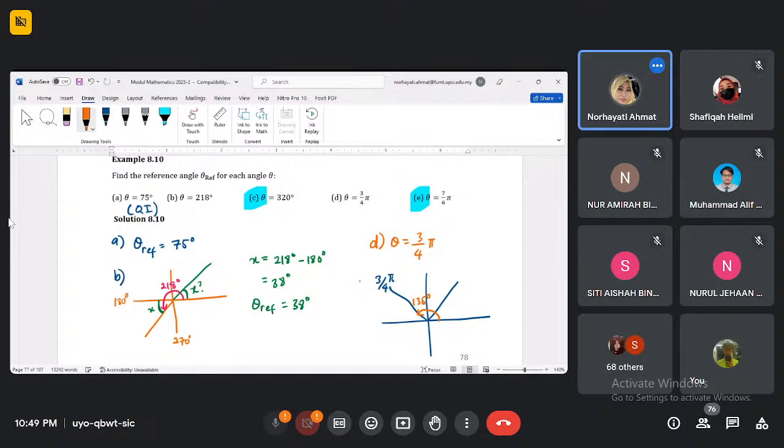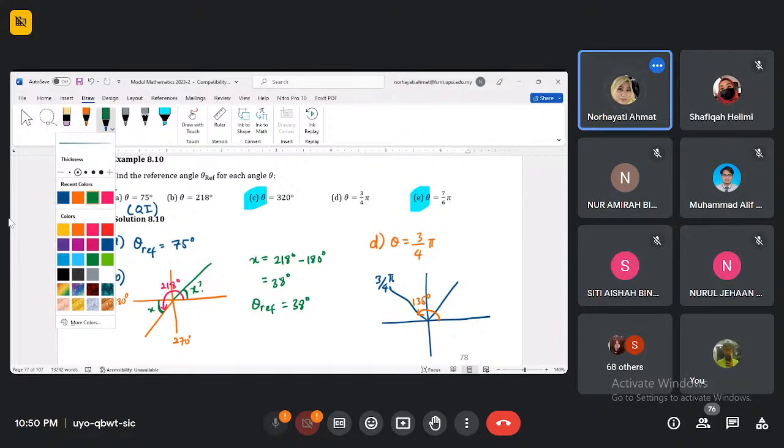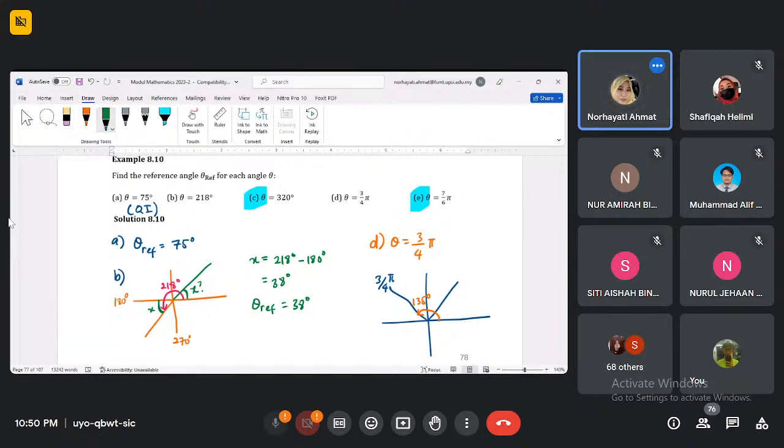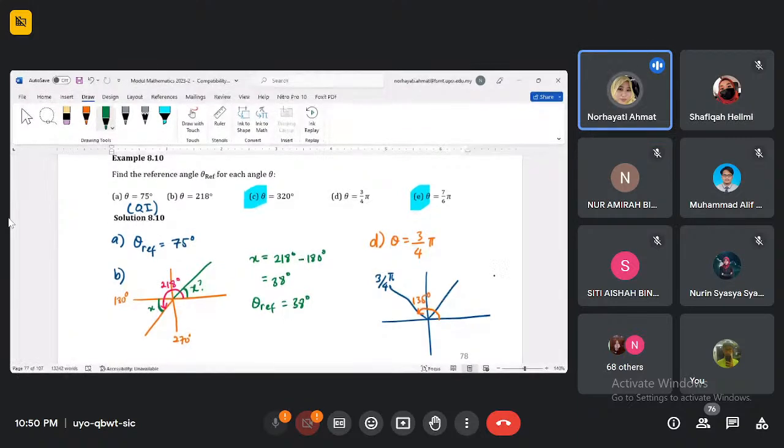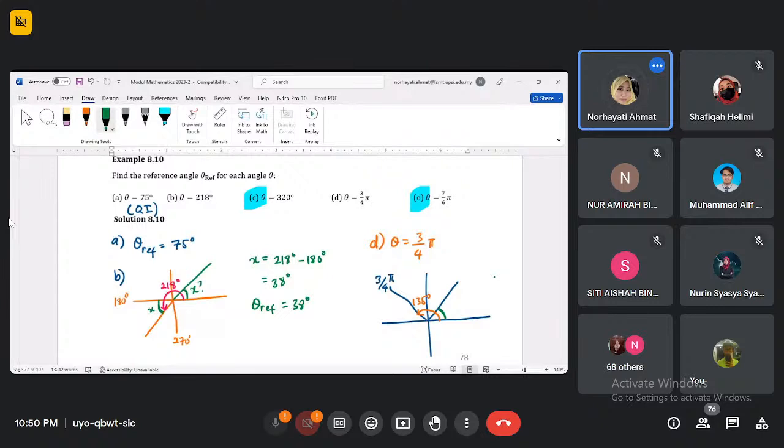Okay, so where is the reference angle? Kat mana? Kat mana reference angle dia? Dekat yang mana? Kuadran pertama ke kuadran kedua? Pertama. Pertama. Okey, bagus. So kat sini. Sini dia punya reference angle X.